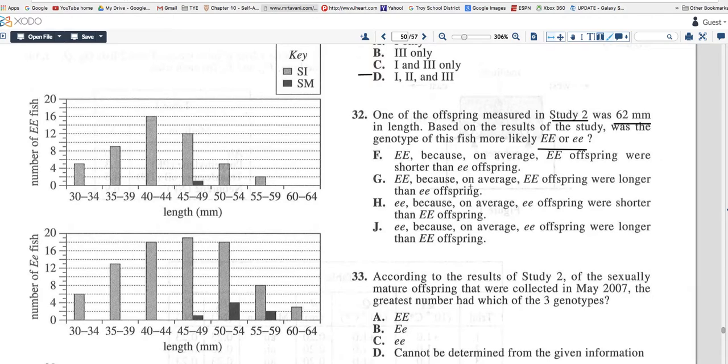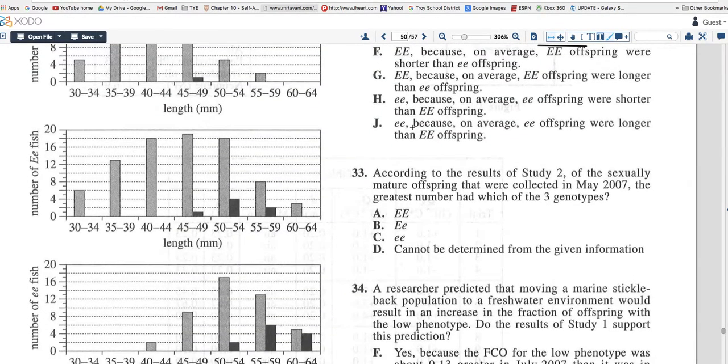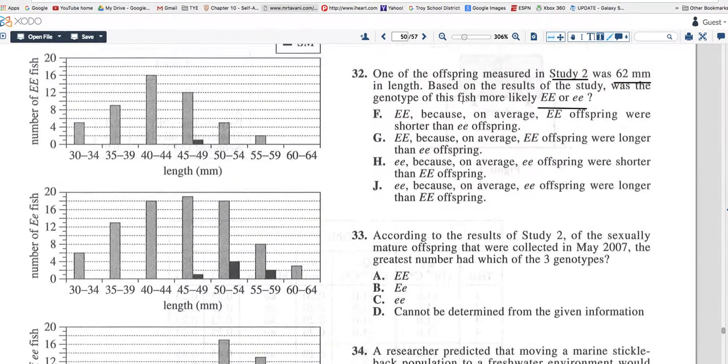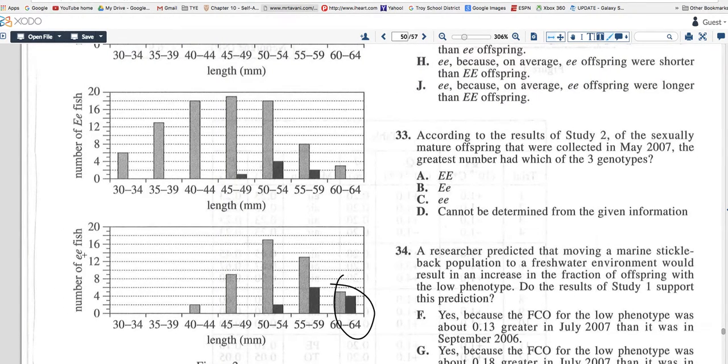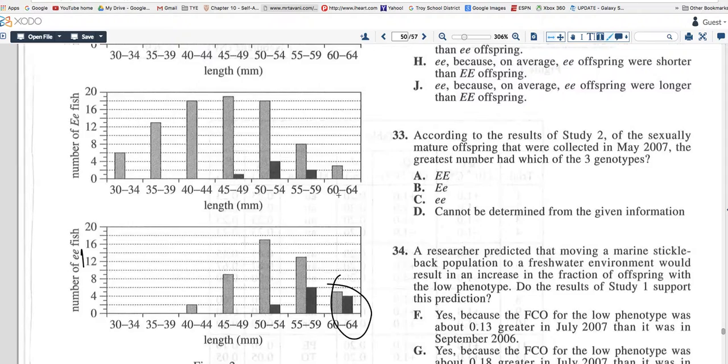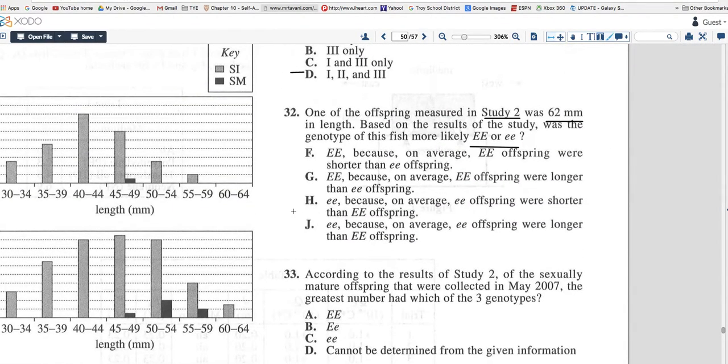Yes. So one of the offspring measured in study 2 was 62 millimeters in length. Based on the results of the study, was the genotype of this fish more likely EE or lowercase ee? So you know it's 62. You're going to see which one is 62, and it is most likely this one. And you just read over to the phenotype, which is lowercase ee. Make sense? All right.